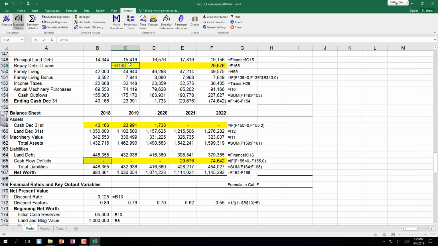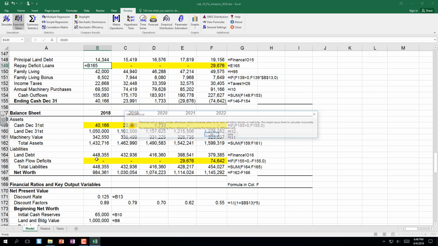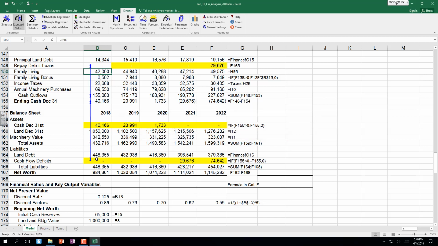Because what you're doing to get a circular reference is you would say, if I say this is equal to that number there, it's going to say circular reference. Oh my gosh, you've committed a major sin. This is like the number 1 sin. Don't do it. Hit escape. And then as soon as it shows you blue arrows, hit delete.